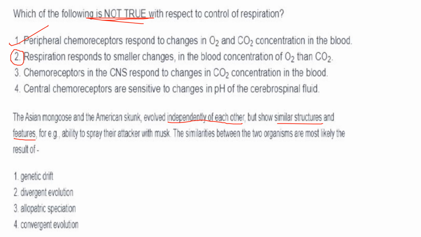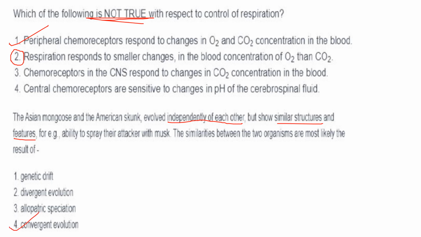In convergent evolution, organisms evolve independently of each other but show similar structures and features. So it is the case of convergent evolution.